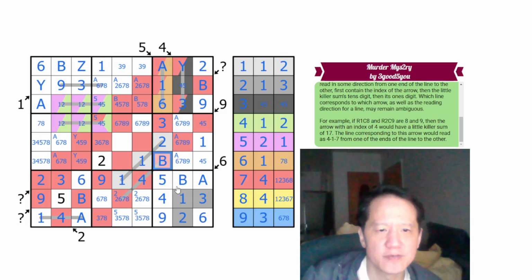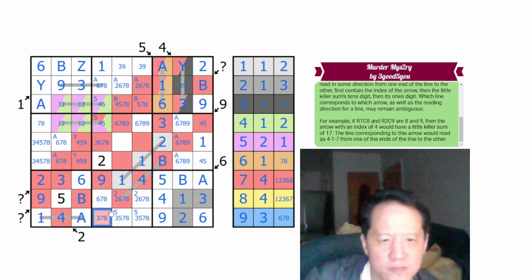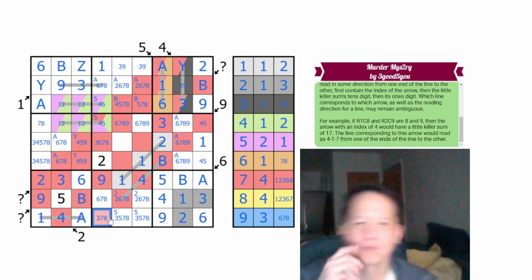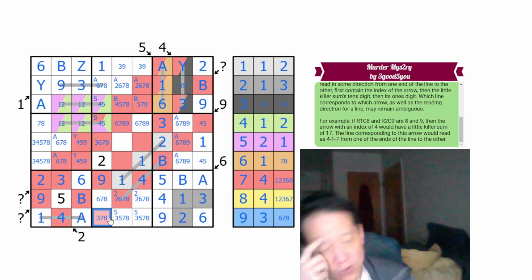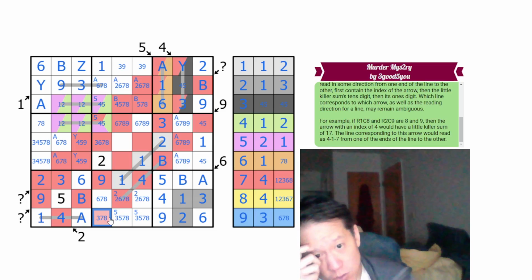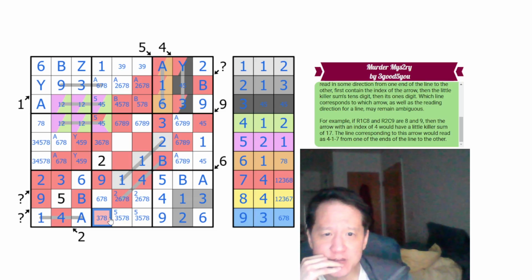We know this is 7 or 8. Can this also be the opposite 7 or 8? Probably, right? We know this can't be 2 and 3, though. So you have 4, 5 with 7 or 8.